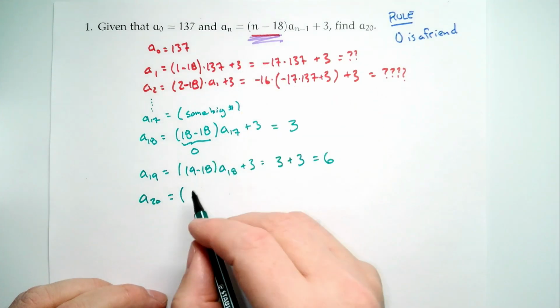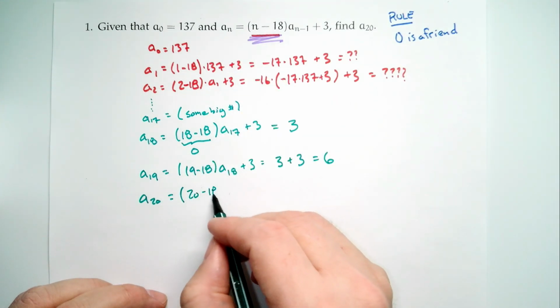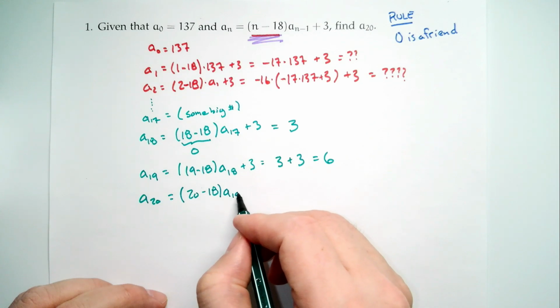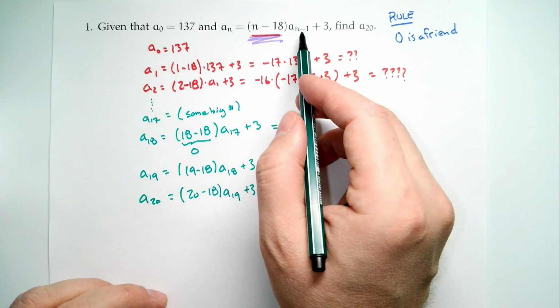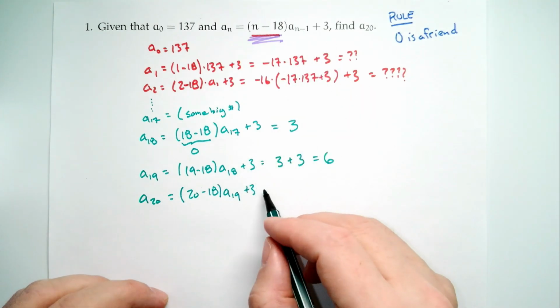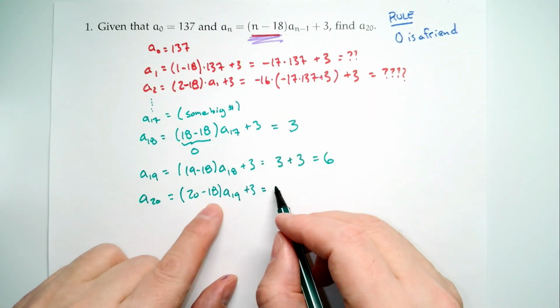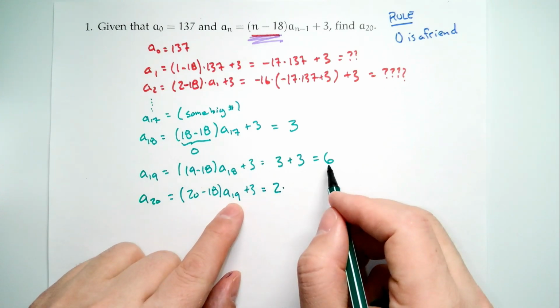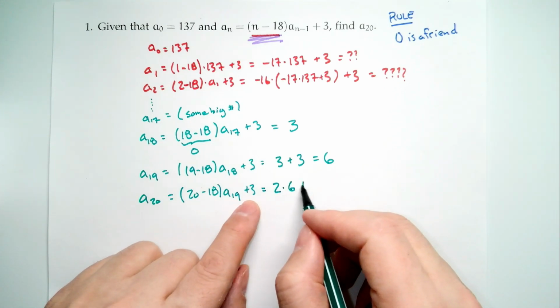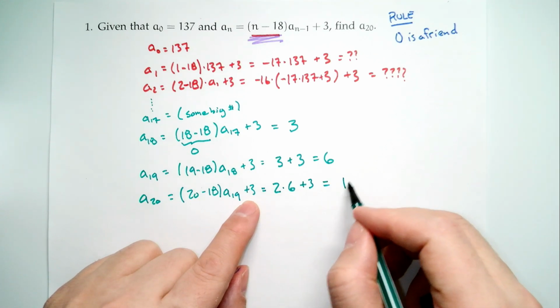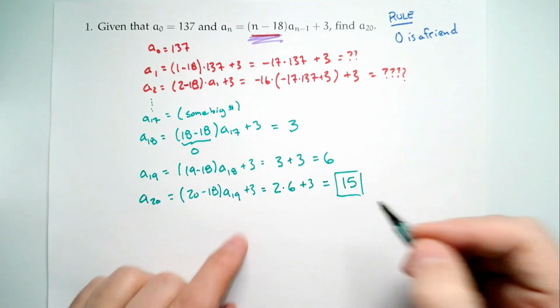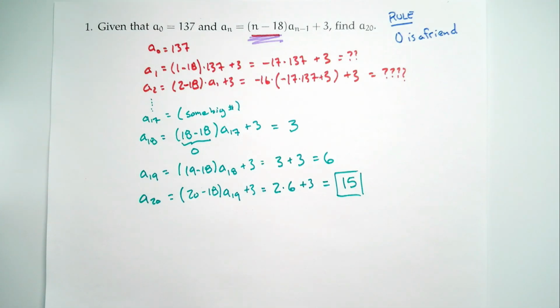That would be 20 minus 18 times the previous number, and then I add 3. So 20 minus 18 is 2, previous number 6, so that's 12, plus 3 equals 15. Nice. So that turned out to be a lot easier than it was looking at the beginning.